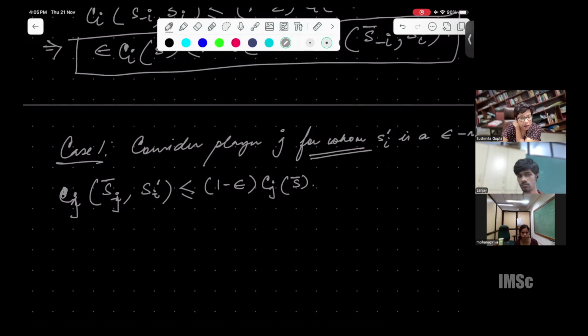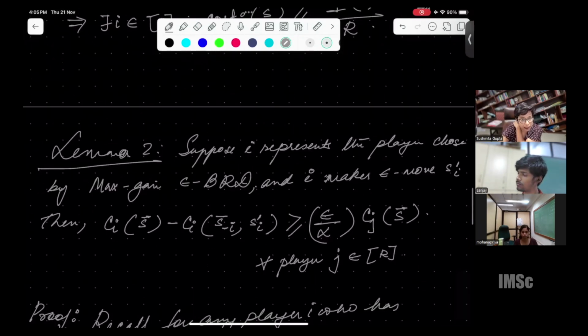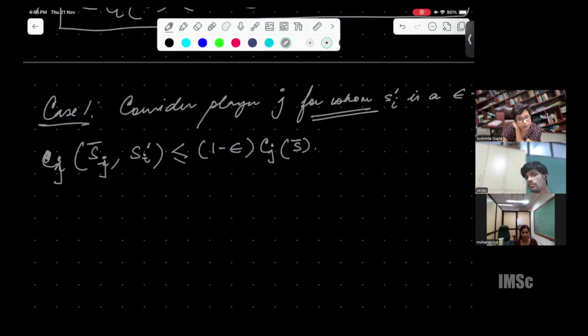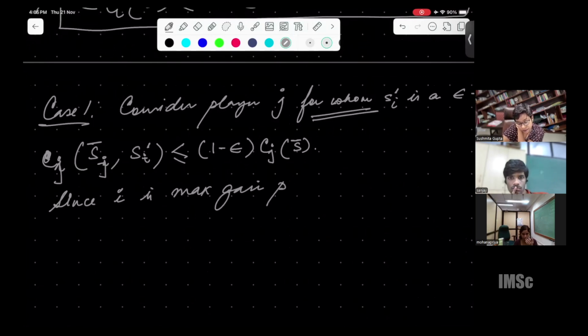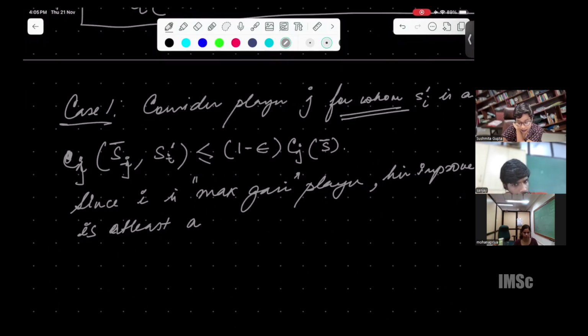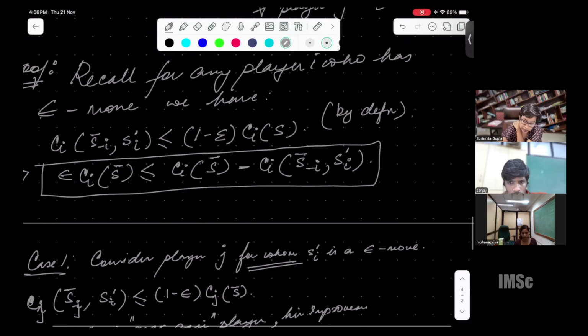Correct? It just so happens that the player I, by definition, the one who has the max gain, his improvement must be at least as much as this. Yes? Since I is max gain, his improvement is at least as much, correct?